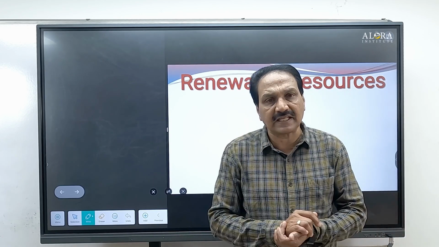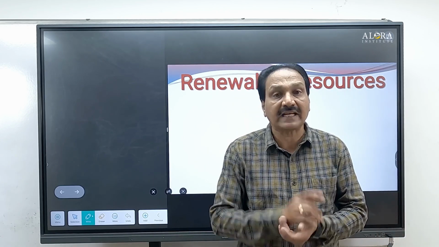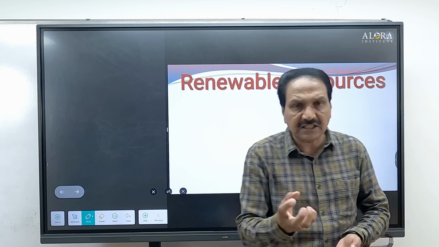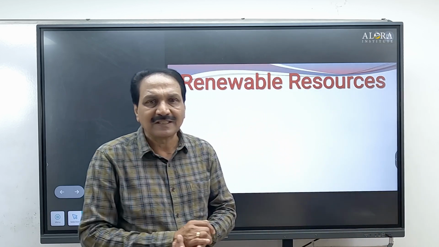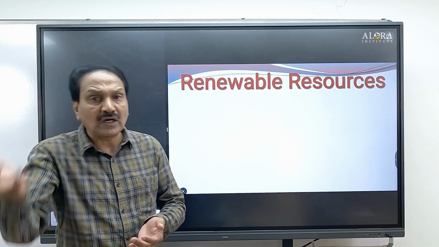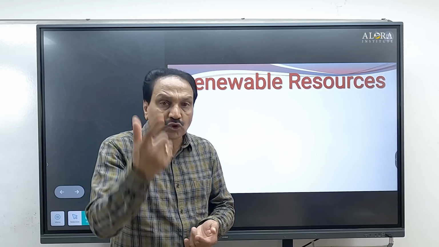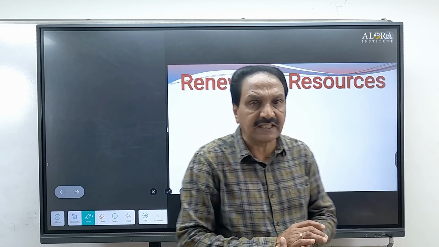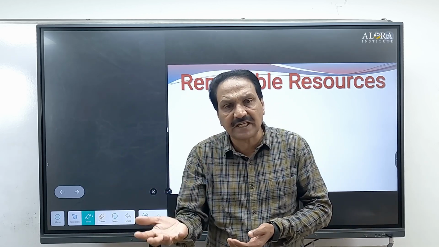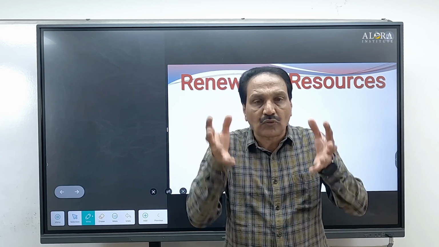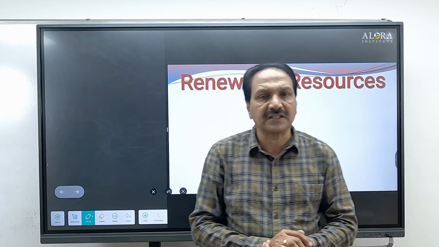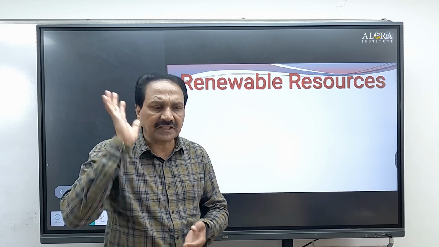So that solar energy, the energy received from the sun, is received by the photocells. Photocells will convert that energy into heat energy. Solar energy is converted into heat energy, heat is converted into steam, and from that steam we are getting electrical energy. One common thing is there.